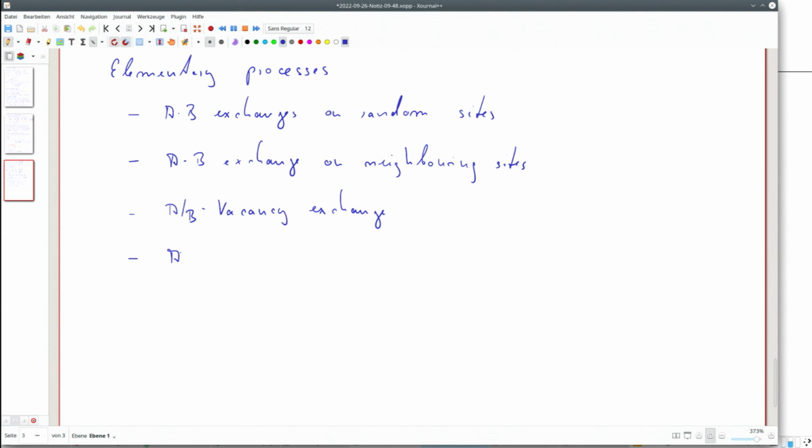You can transform an A into B or a B into A. Sorry, of course the second one should be the other. Not today, but tomorrow I will show examples where it becomes important.